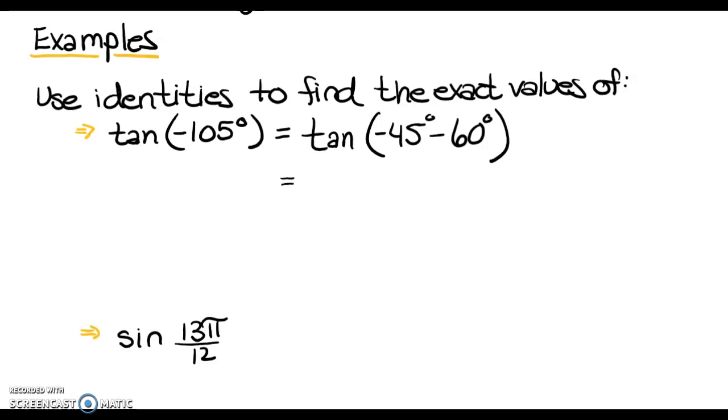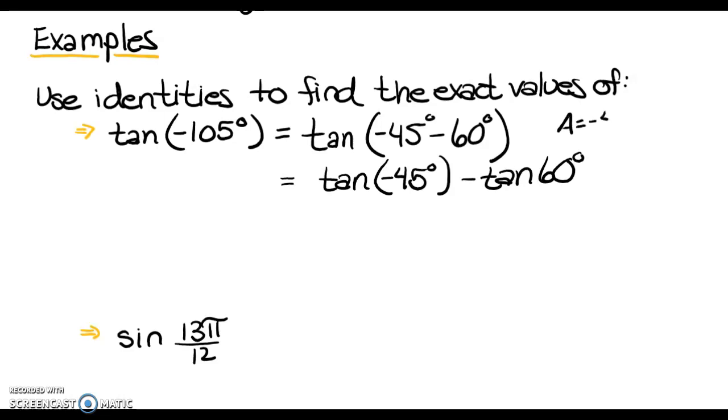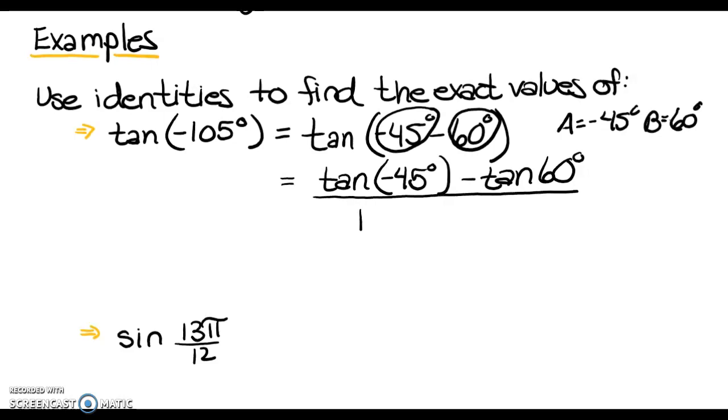I have the tangent of negative 45 degrees minus the tangent of 60 degrees, so my A angle is negative 45 degrees and my B angle is 60 degrees, over 1 plus the tangent of negative 45 degrees times the tangent of 60 degrees.